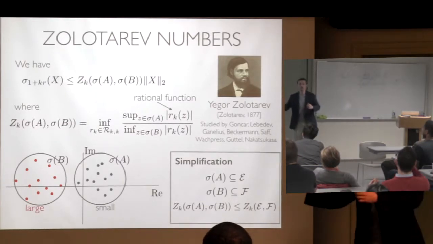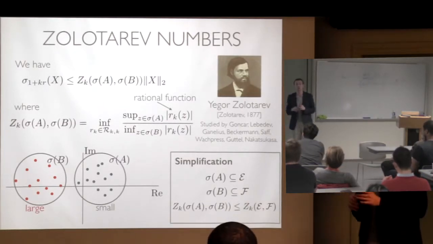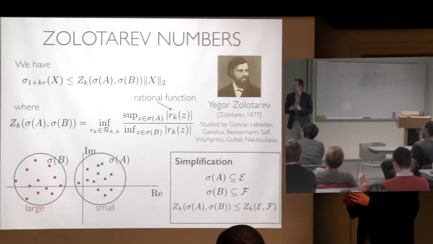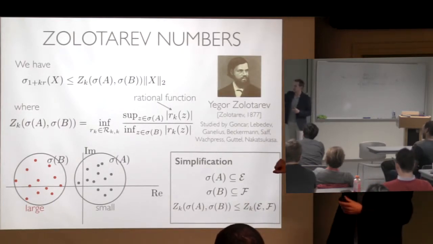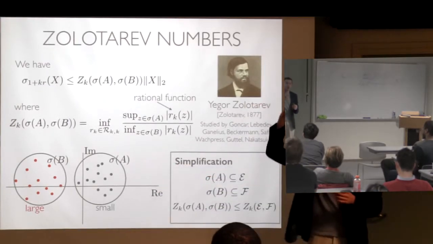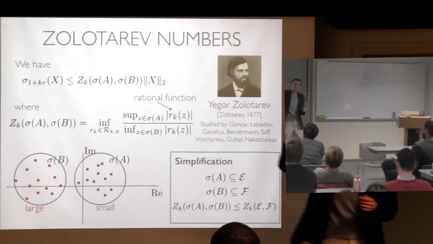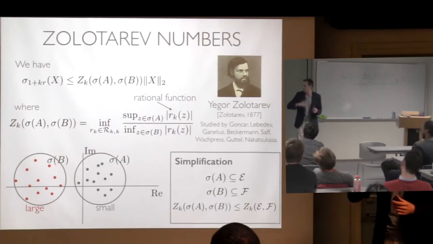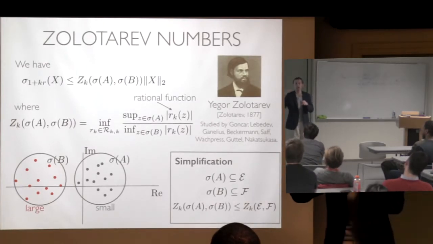Design a rational function, which is a polynomial of degree k over a polynomial of degree k, that is as large as possible on the red dots, and as small at the same time on the blue dots here, and it's the ratio that matters.